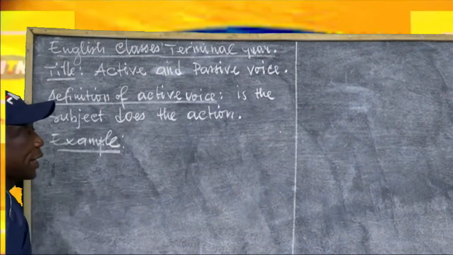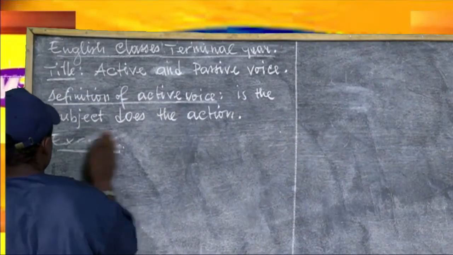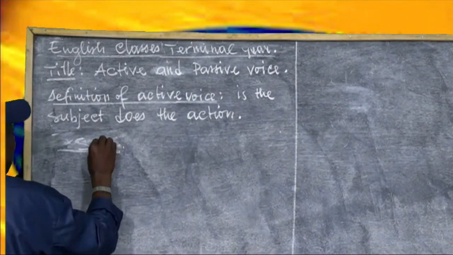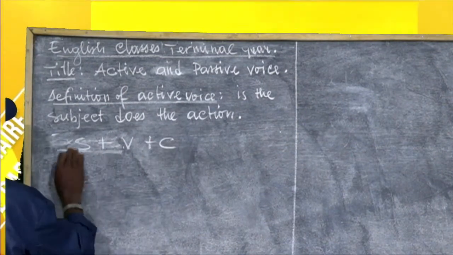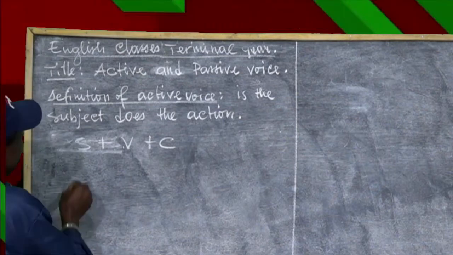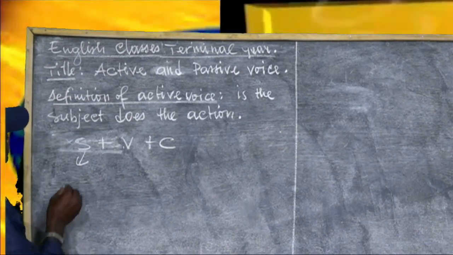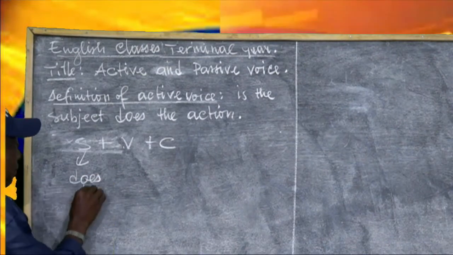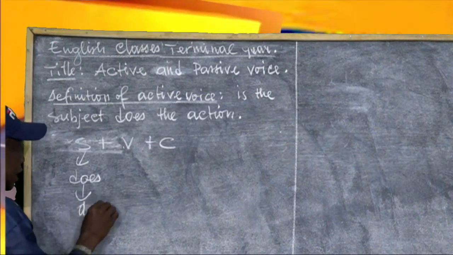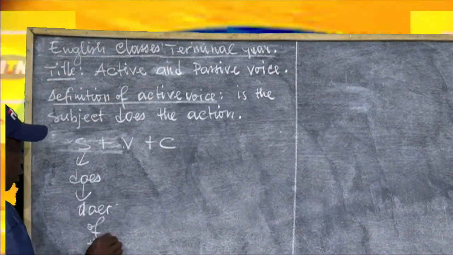Before giving you an example, you have subject plus verb plus completion. The subject does the action. In this case, the subject is the doer of the action.